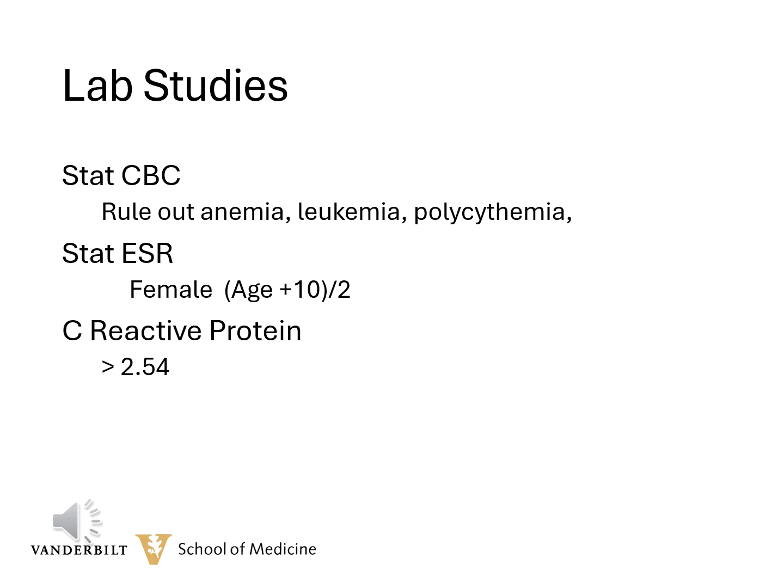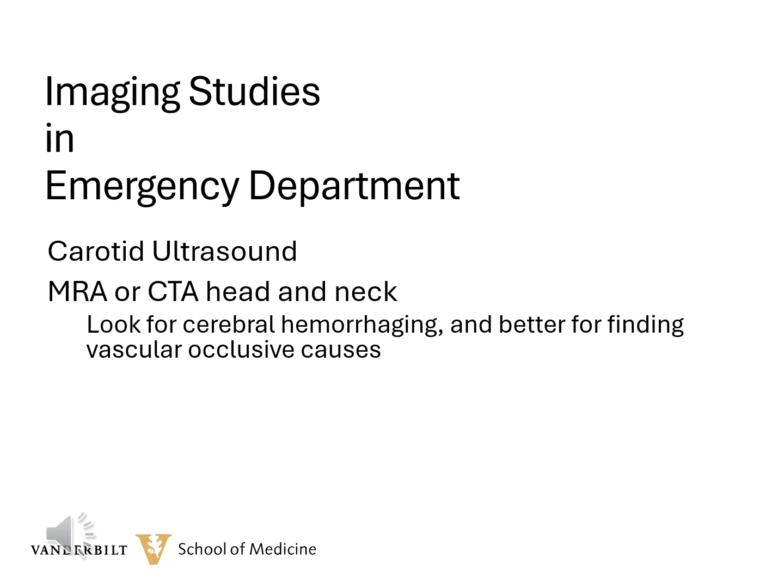Then if you do send to the lab, tell them you want a stat CBC, Westergren sedimentation rate, and a C-reactive protein. That should be automatic even before they call the stroke team, so they can start on the workup immediately.